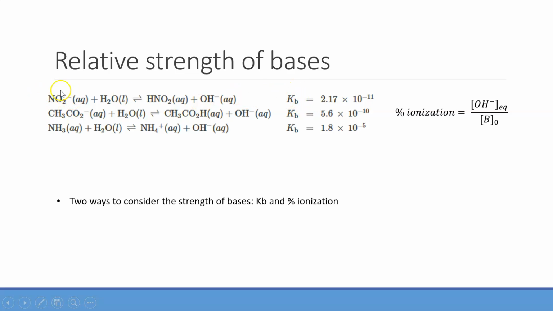So you're more likely to find this in solution than you are this. As you move down here, we see that ammonia is the strongest base listed. And much like with acids, we can look at the percent ionization of a base. Here we have our hydroxide at equilibrium divided by our initial concentration of base.